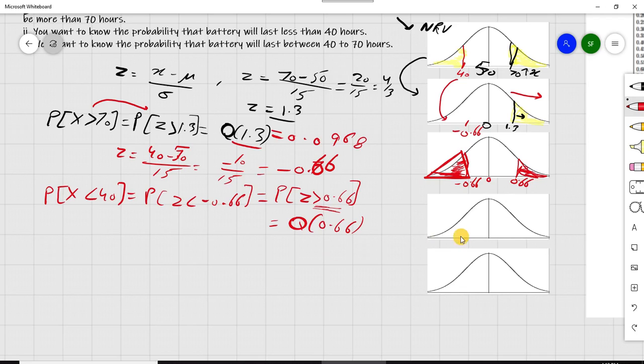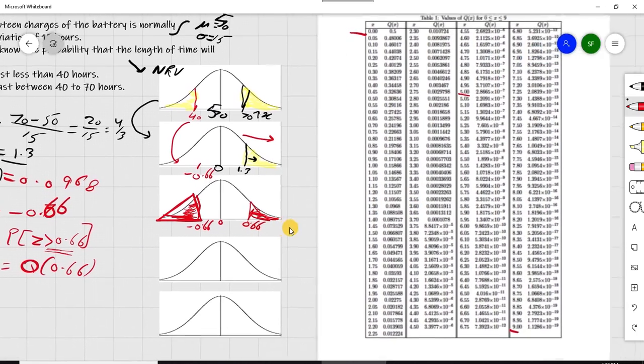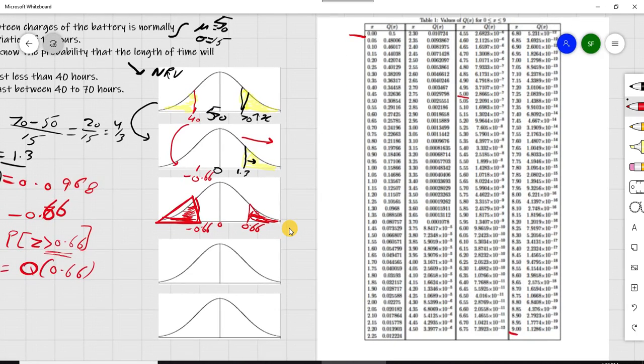Let's look at the table. So here is 0.65. Now this value is not exactly 0.66 because this table is presented in increments of 0.05. After 0.60 we have a value of 0.65. So this value is close enough and we can work with this value.